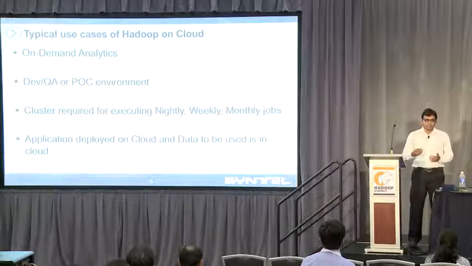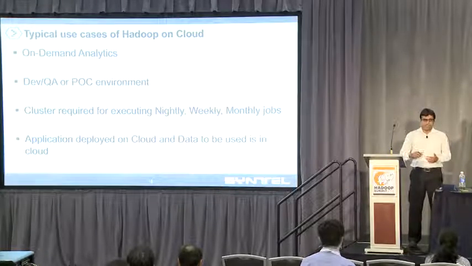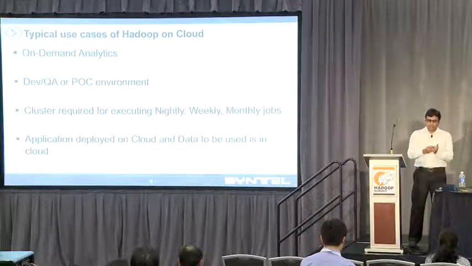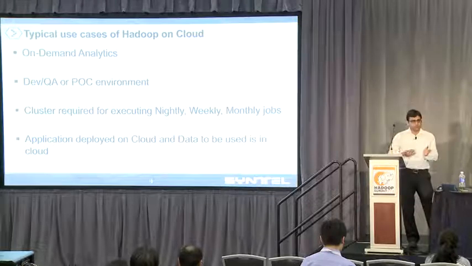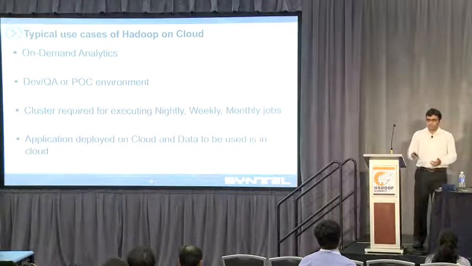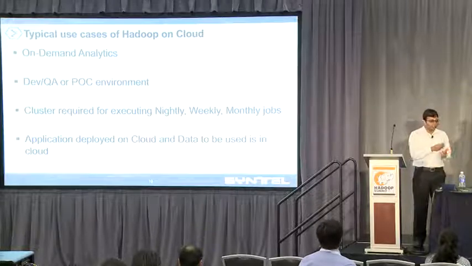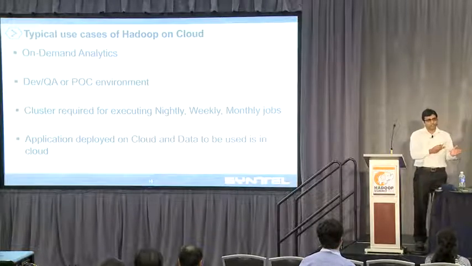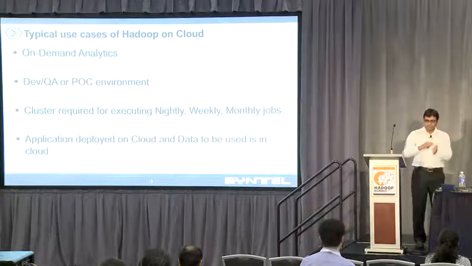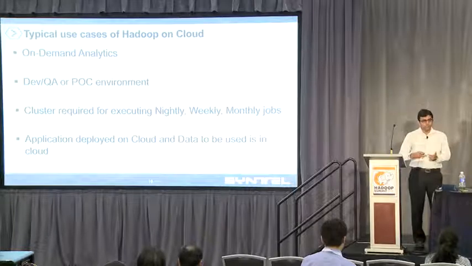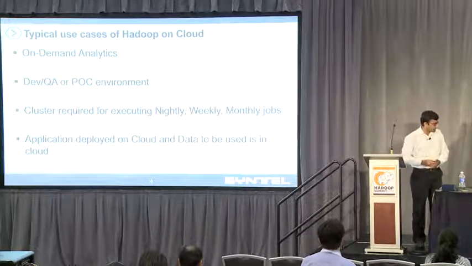Your jobs run nightly, weekly, or monthly, and between executions your resources are underutilized, not utilized at all. This is similar to the analytical workload: you can provision a cluster, execute your job, and then tear it down.